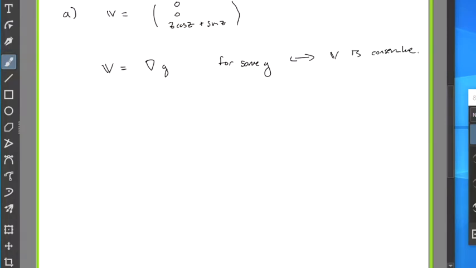So since we need to calculate that potential, we might as well just make an ansatz for G. So say that there is, just assume that there is a G, and then try to calculate it using the definition of a potential.